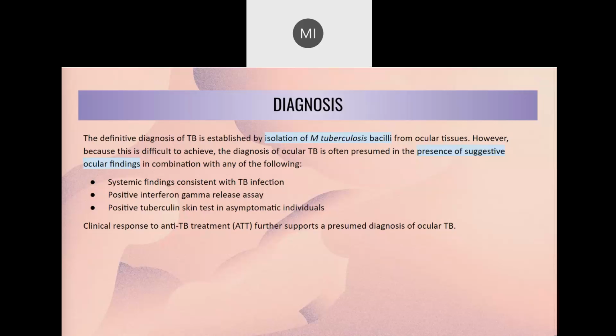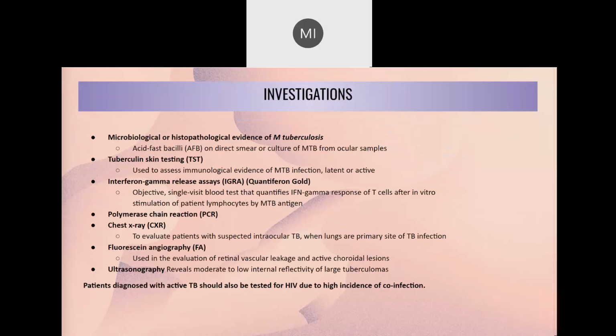First, systemic findings consistent with TB infection, such as evidence of pulmonary or extrapulmonary TB. Then a positive interferon gamma release assay, which measures a person's immune reactivity to Mycobacterium tuberculosis. And lastly, a positive tuberculin skin test in asymptomatic individuals. In addition, a clinical response to anti-TB treatment further supports the diagnosis of ocular TB. Okay, next slide.